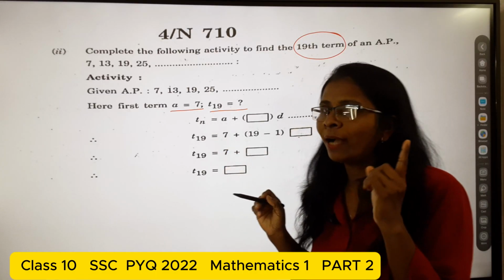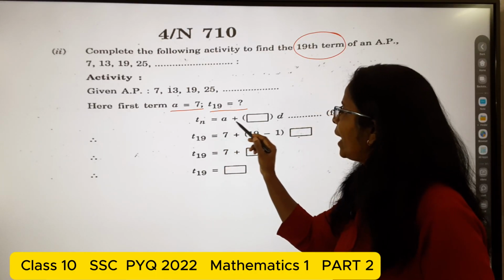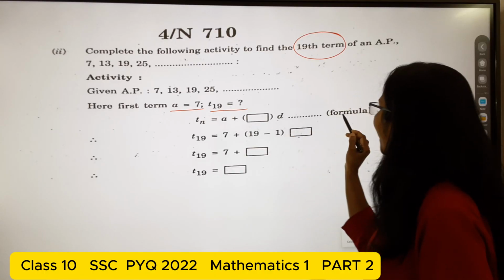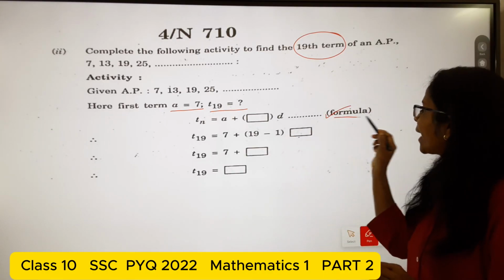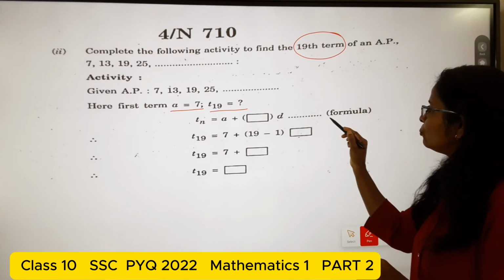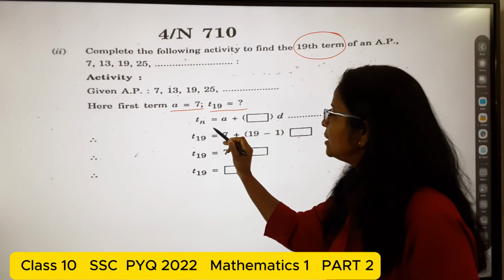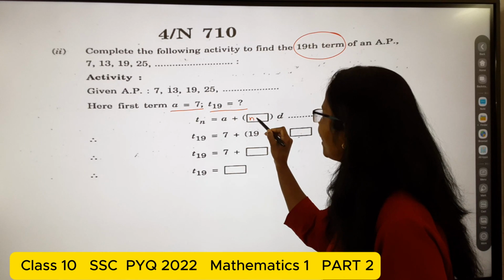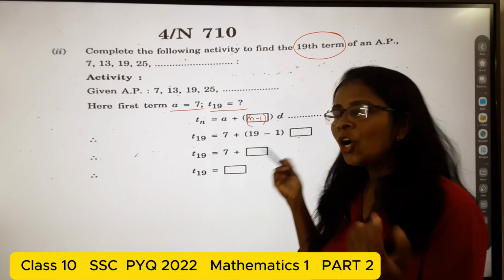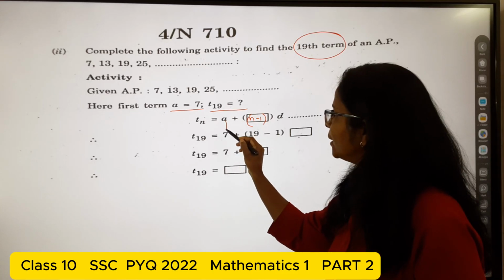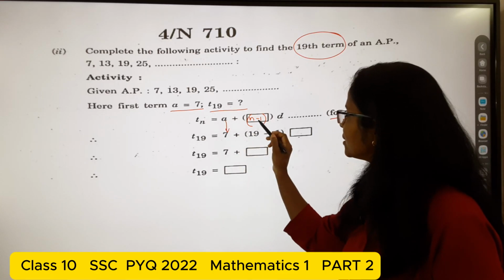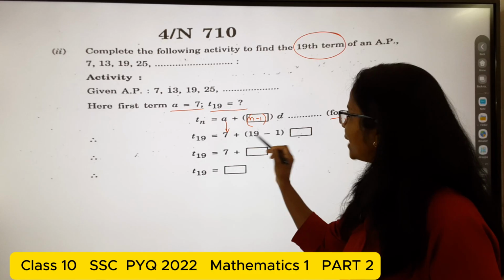So now the formula is Tn is equal to A plus, in the box, and D, and they told us to write the formula here. So Tn is equal to A plus n minus 1 into D. Then here T19 is equal to A, put the value of A, 7, plus n minus 1, that is 19 minus 1.